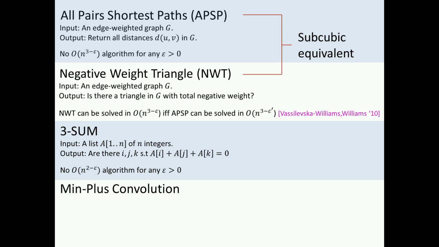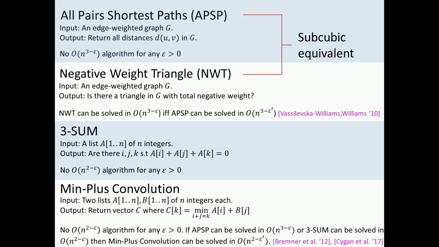Another problem is min-plus convolution that gets as input two lists A, B of n integers, and the output is to return a vector C where C_k equals the minimum of A_i plus B_j, where i plus j equals k.